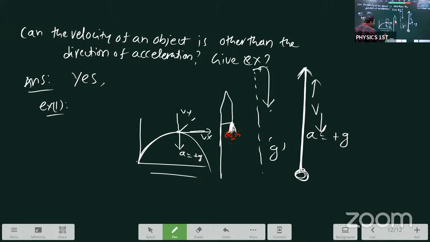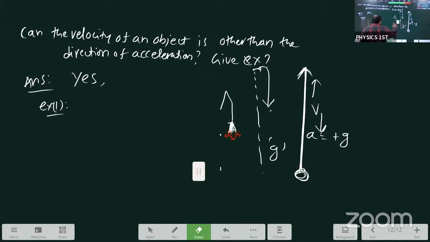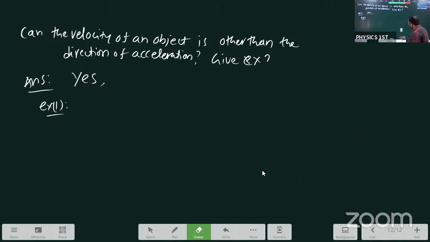In the case of a simple pendulum, this is the velocity direction, and acceleration is always with respect to the mean position. So all these examples belong to velocity and acceleration being in different directions. I am giving the example from motion in a straight line because this question is from motion in a straight line, so we are selecting an example from this lesson only.